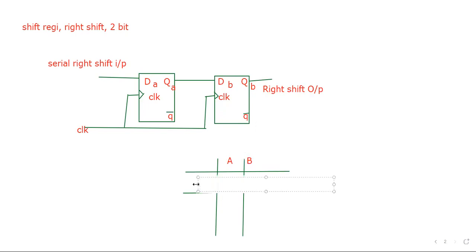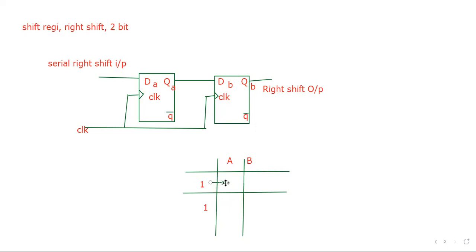So we have 2-bit data, say 1 and 1, and we have to transfer them. At the first clock this data would enter over here.